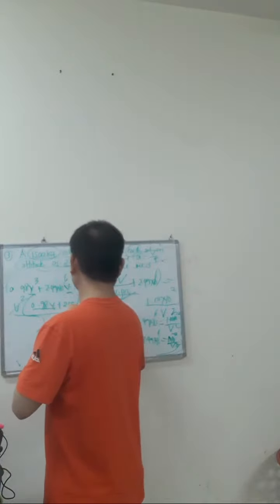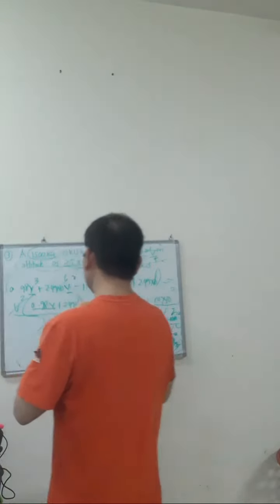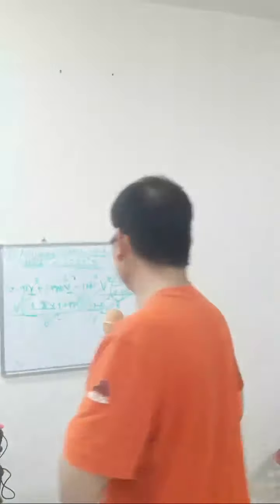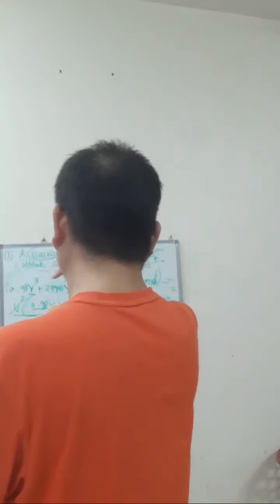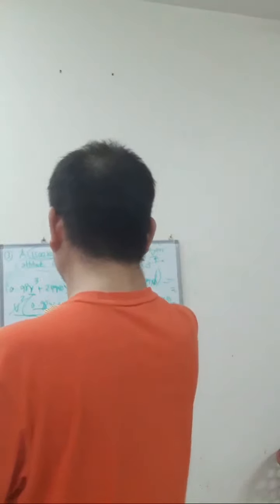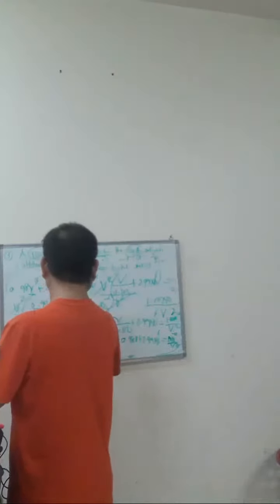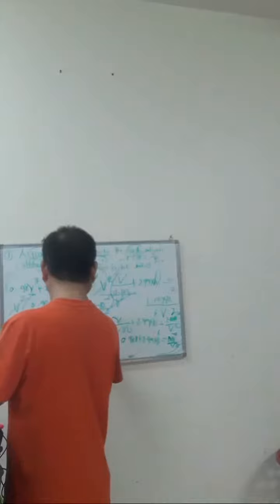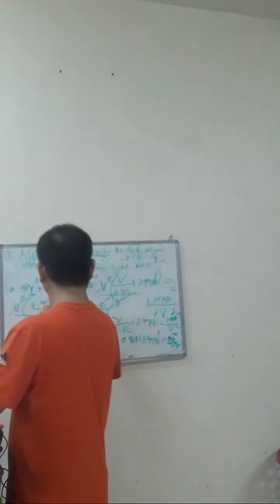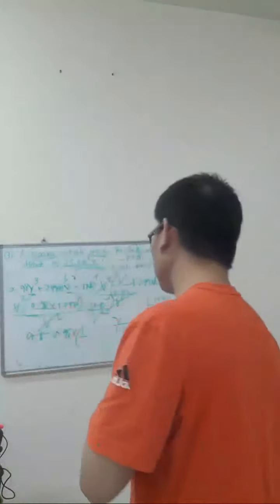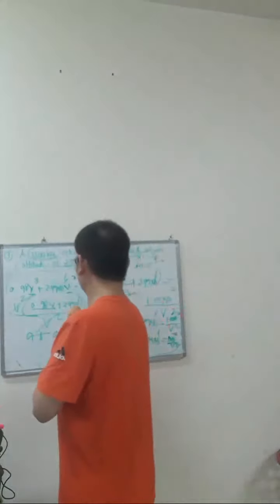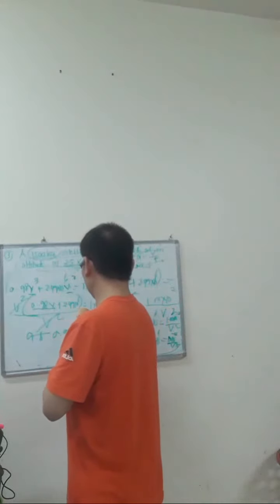Then we can also divide. 0.98 multiplied by V squared gives V cube. So V cube, V squared times 1 times 10 to the negative 11.